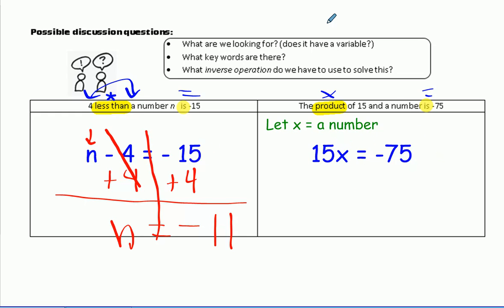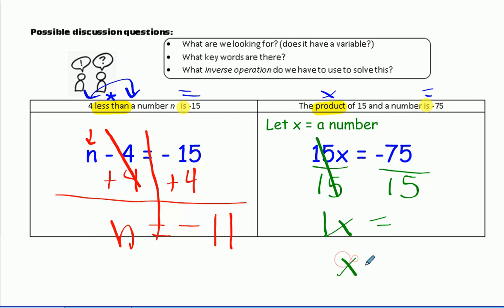For this one, since I don't see any symbols here, 15 next to a letter means multiply. In order to undo multiplying, I need to divide. Because I want to isolate this x, I have to divide by 15. I'm dividing by 15 on both sides. 15 divided by 15 makes 1, or 1x.